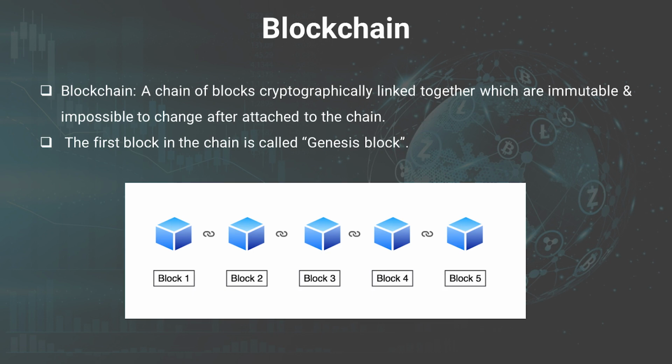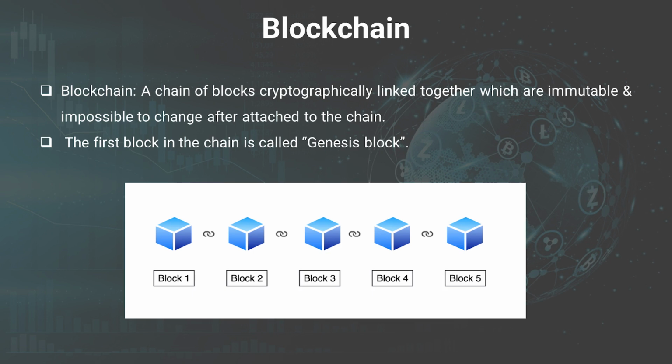That's what cryptographically means, because this block holds the information about the previous block as well. If you get rid of a block, then block 3 has the information about block 2, but since block 2 is gone, it can't reach block 1. There's something wrong in the network. That's what cryptographically means here.